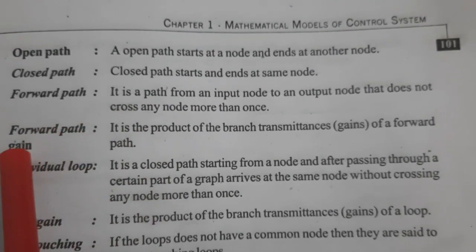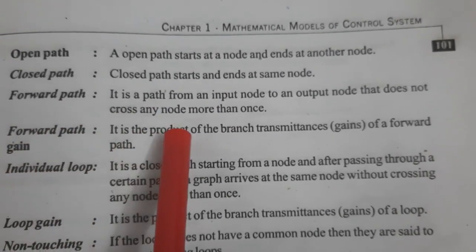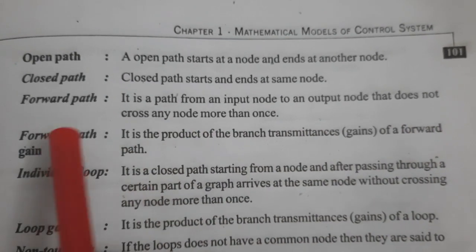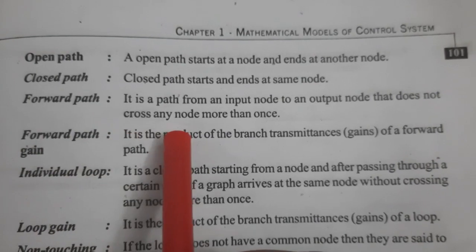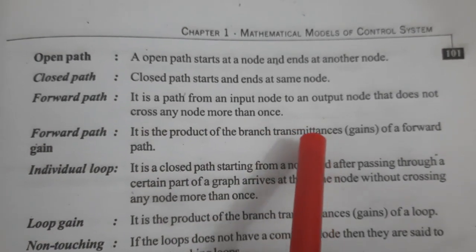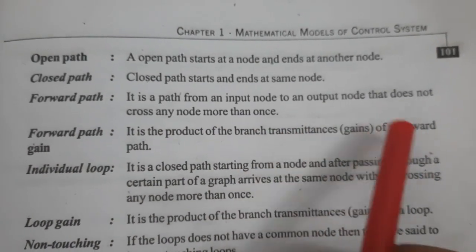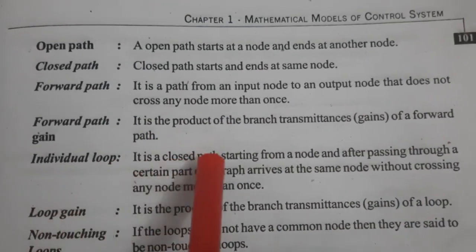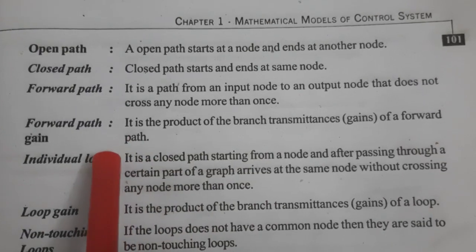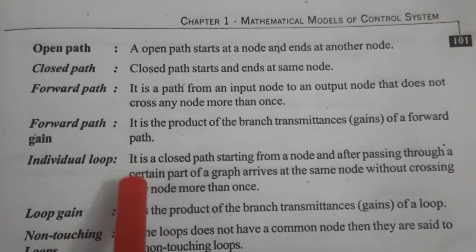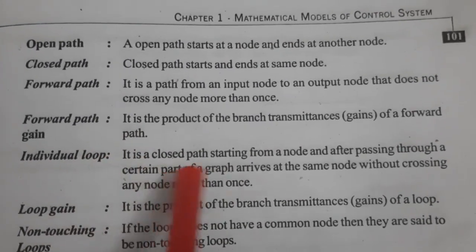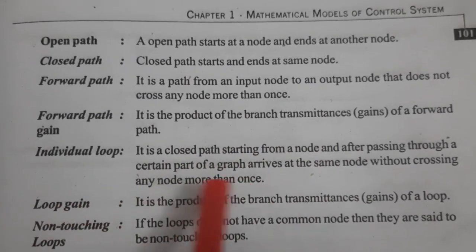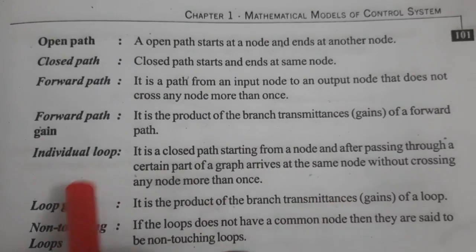Forward path gain is nothing but the product of branch transmittance, that is the gain of each branch, of a forward path. And individual loop is a closed path, that means it starts at a node and ends at the same node. Loop gain is the product of branch transmittance of the loop.